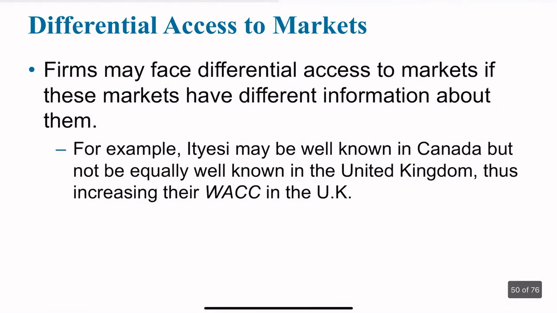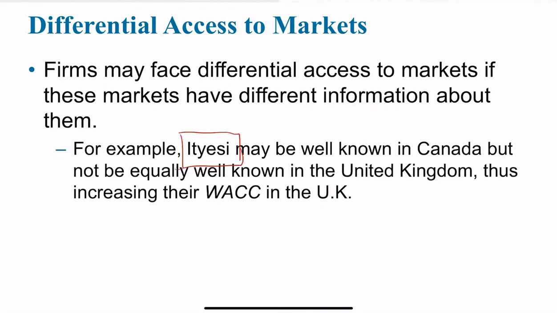Okay, so the first reason for segmented international capital markets is firms have different access to different markets. This is actually very easy to understand. Let's go back to this Yeti firm, right?